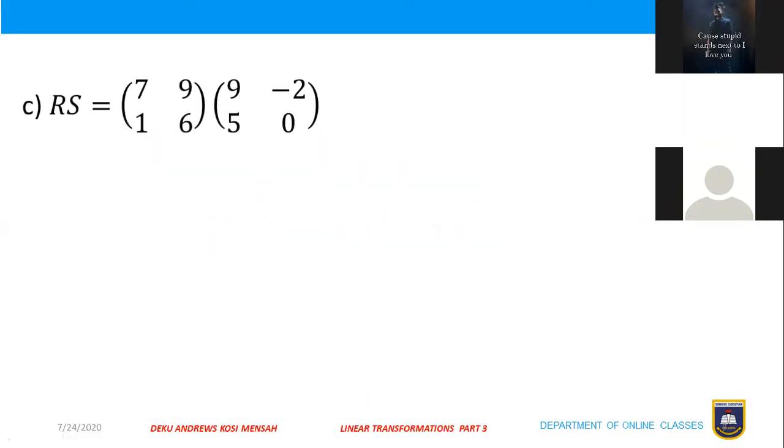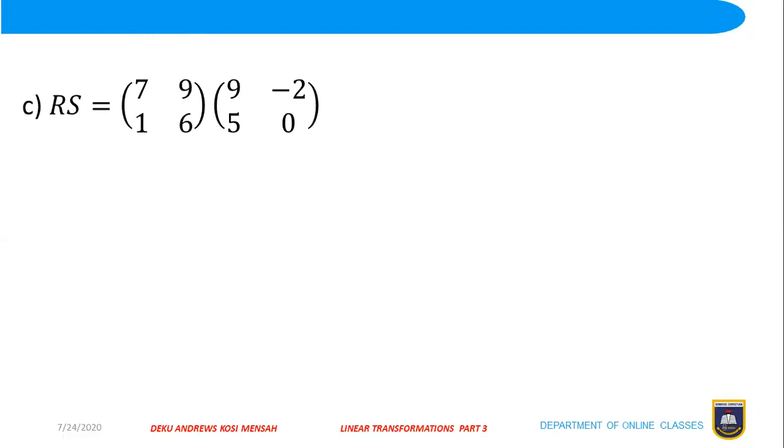The next one, we are finding the image of S followed by R. So first, we need to find the transformation S followed by R. Then we can now find the image of 2, 3 under the resulting matrix.